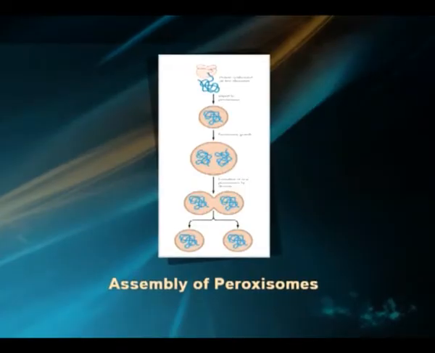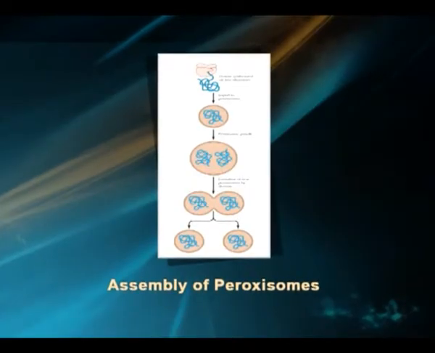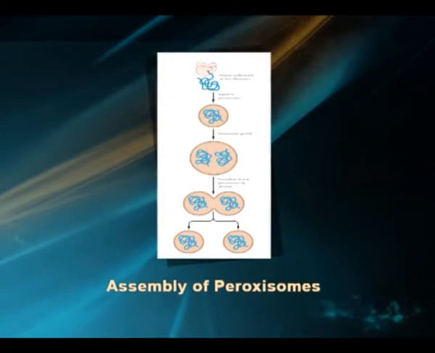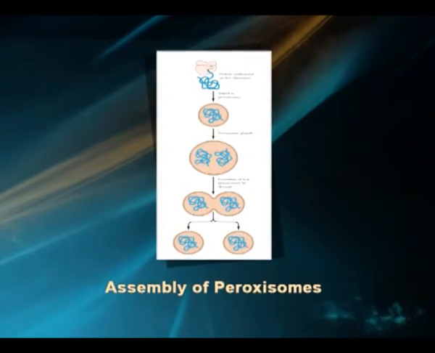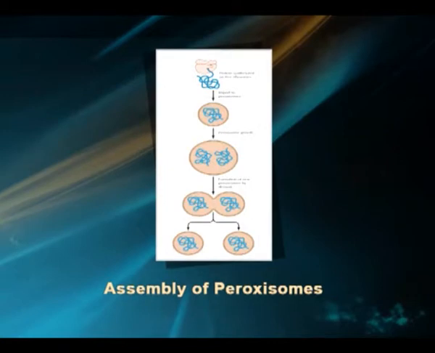Phospholipids are also imported to peroxisomes via phospholipid transfer proteins from their major site of synthesis in the endoplasmic reticulum. The import of proteins and phospholipids results in peroxisome growth, and new peroxisomes are then formed by division of old ones.